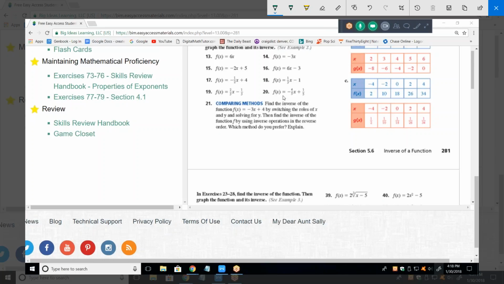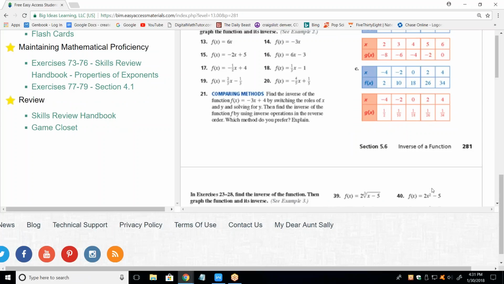You're going to be able to graph them using y equal mx plus b. It's all the exact same strategy for figuring out the inverses. So what's the next one after 20? 22. That's up top, isn't it?